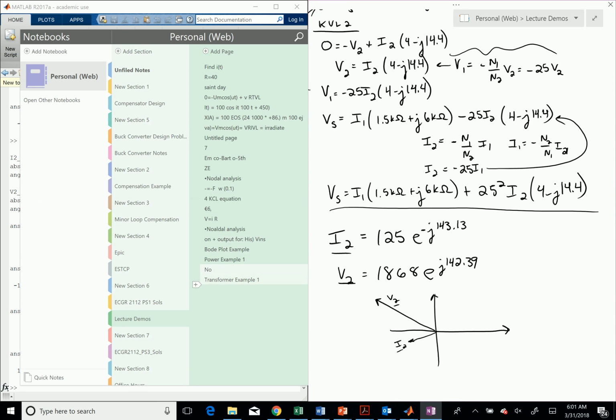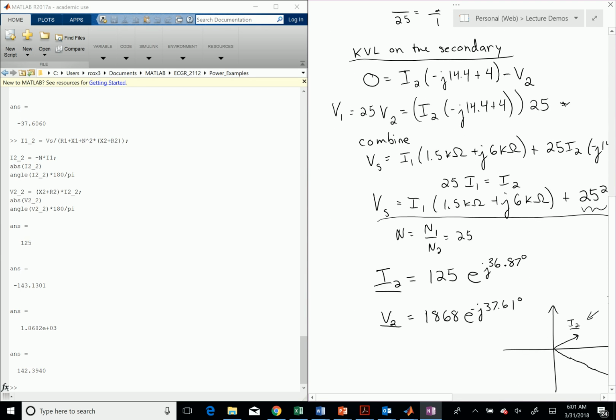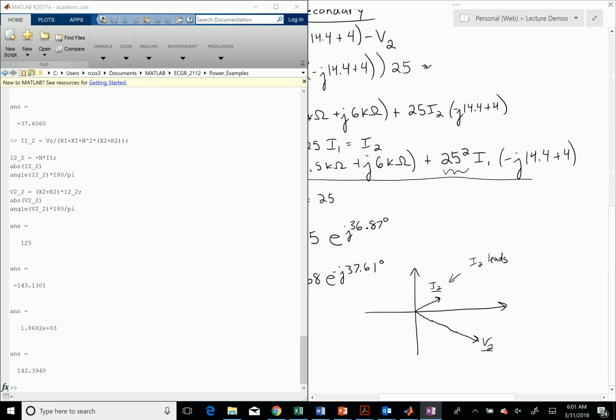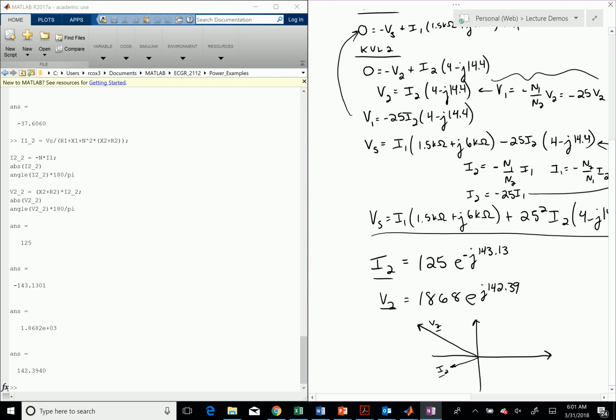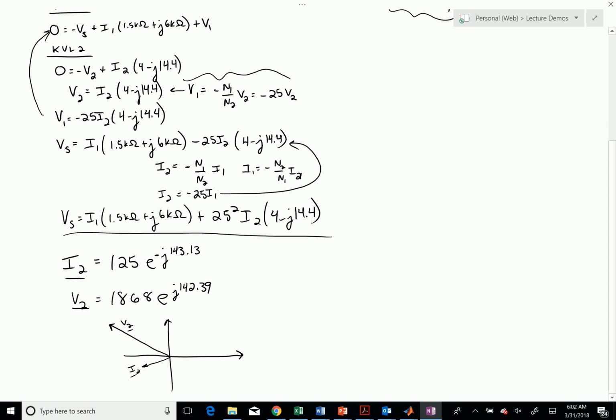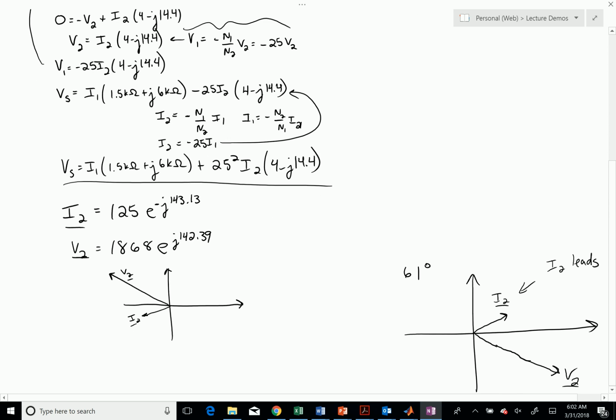Now if I compare that to what I showed here, okay, let's see if I can copy this. Looks like I can. All right. So if you look at what happened, here's V2 over here, here's V2 here.